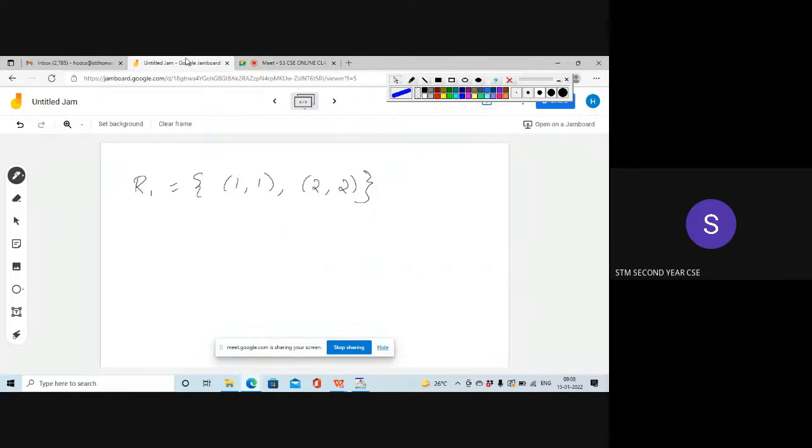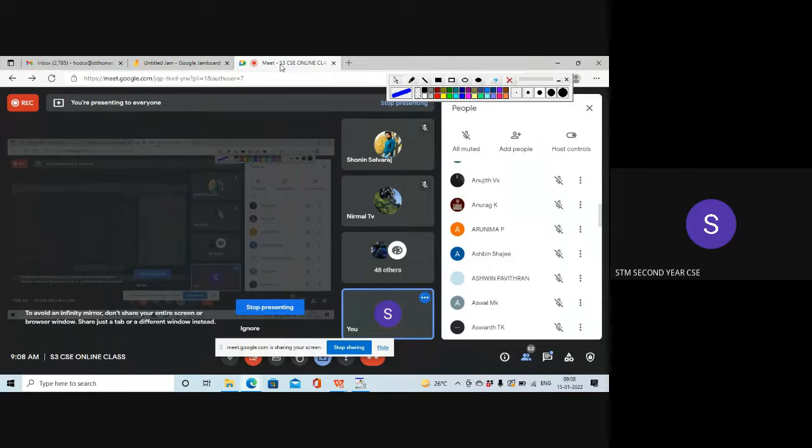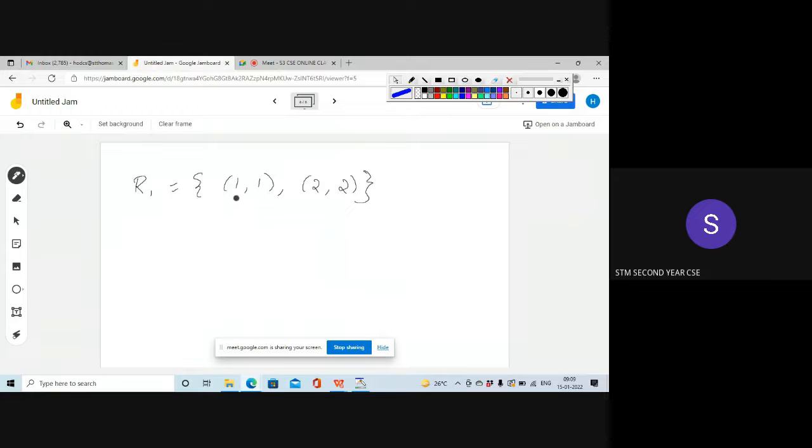It is anti-symmetric, isn't it? Because if (a,b) is there, then (b,a) is also there. That is, (1,1) is there, but the elements are equal. If a is equal to b, then it can exist.